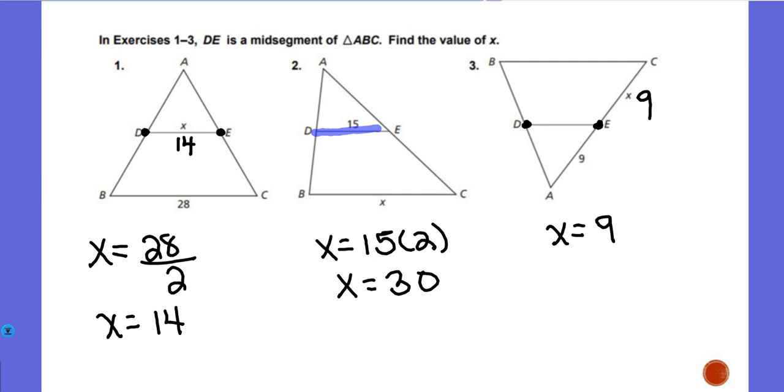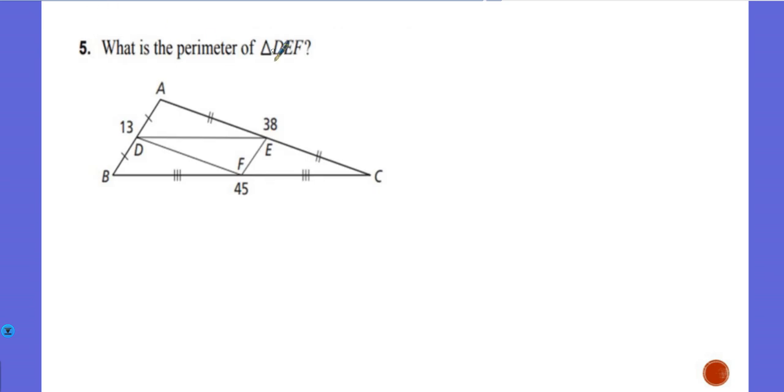Alright, let's keep going. It says, what is the perimeter of triangle DEF? Well, I'm going to highlight this side, and then I'm going to highlight the side that's parallel to it. So here, if this whole thing is 45, that means this point right here is a midpoint, so these two should be equal to each other.